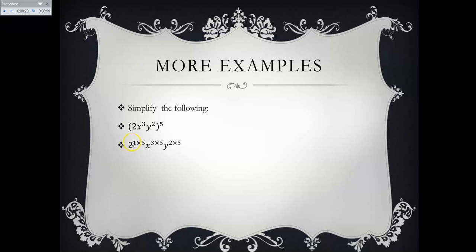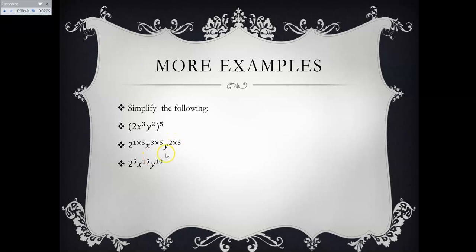So it would now be 2 to the power of 1 times 5, x to the power of the 3 times the same 5 outside, y to the power of the 2 times the same 5 outside. And we simplify that. So 1 times 5, that's 5, so it's 2 to the 5th power. 3 times 5, 15, so that's x to the 15th power.